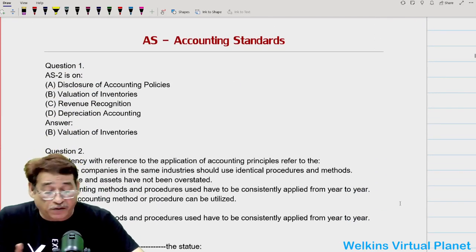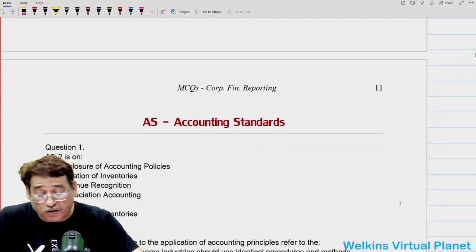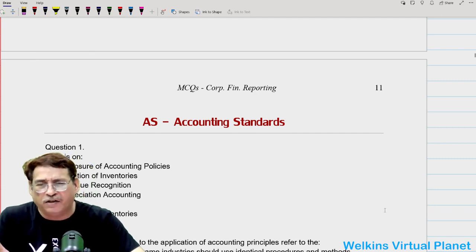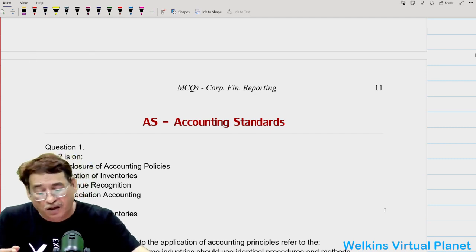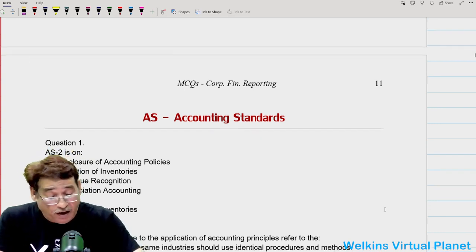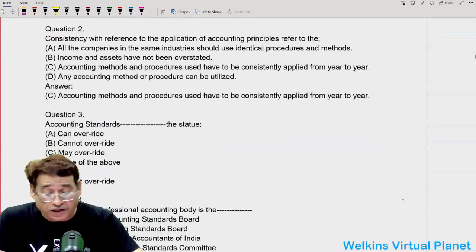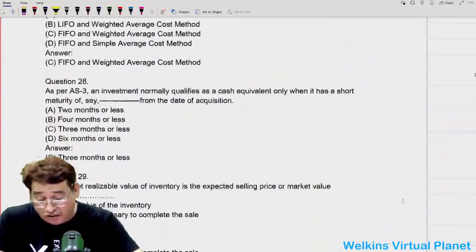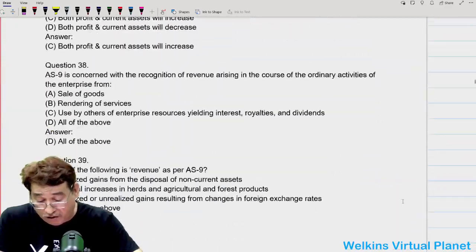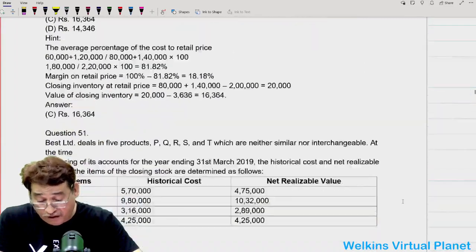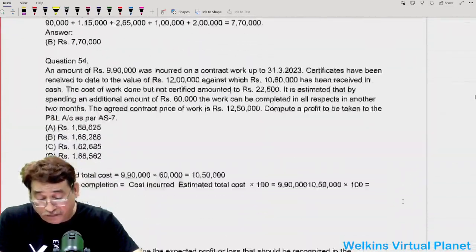Then we have a segment for accounting standards, correct? In today's session, I will take only up to this particular point, just to give you an idea of what sort of MCQs you may face. Now, in the next session, we will take up accounting standard objective, that is MCQs on accounting standards, and I have included near about 70.